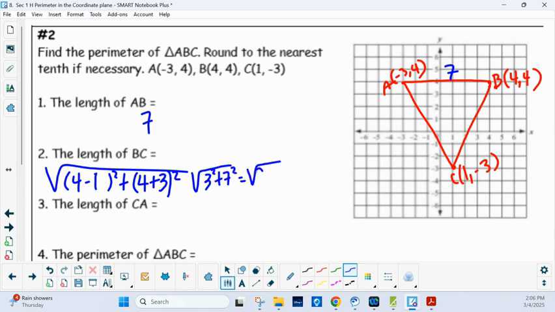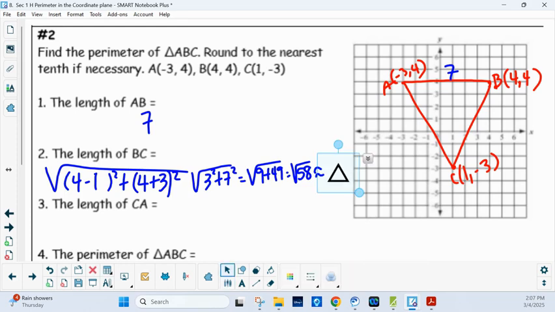We know 3 squared, what's 7 squared? 49 plus the 9. 58, nearest hundredth. 7.62, that was BC.